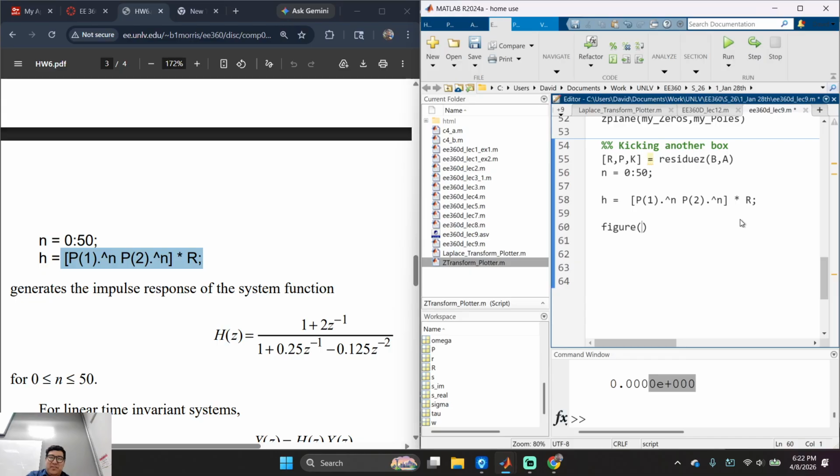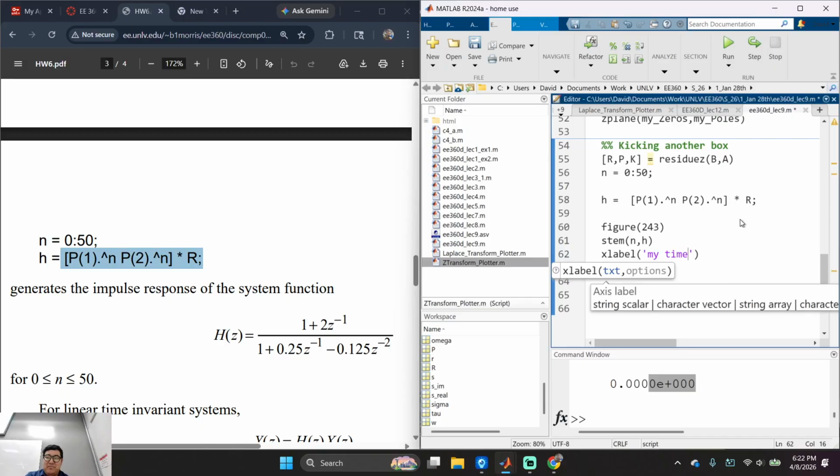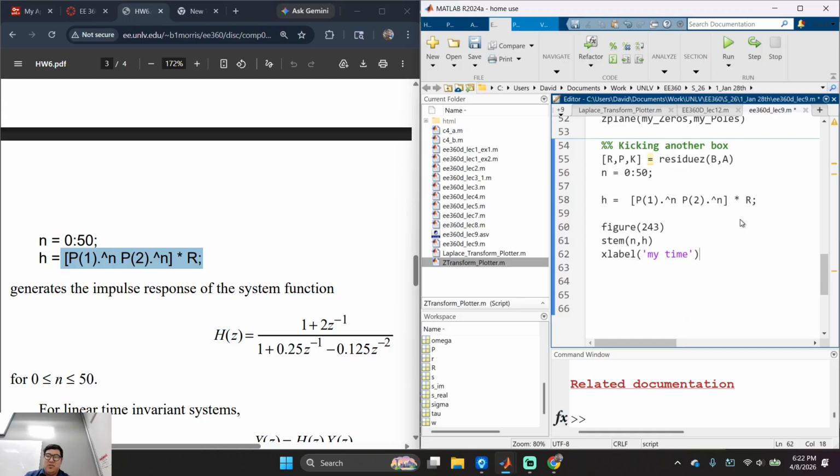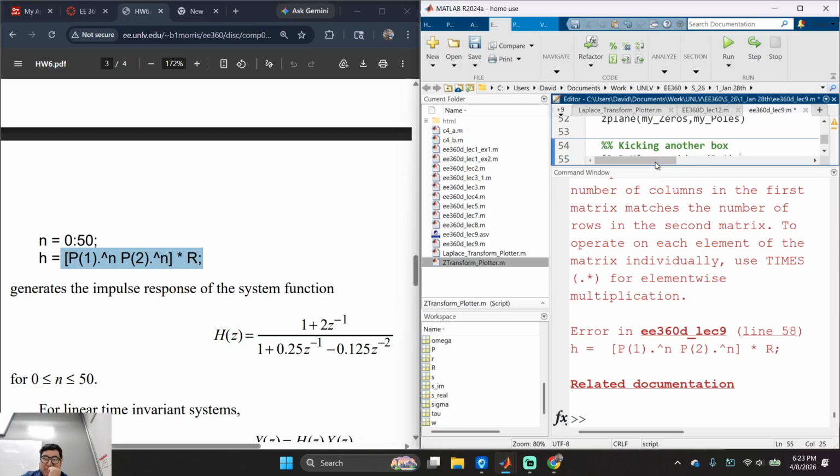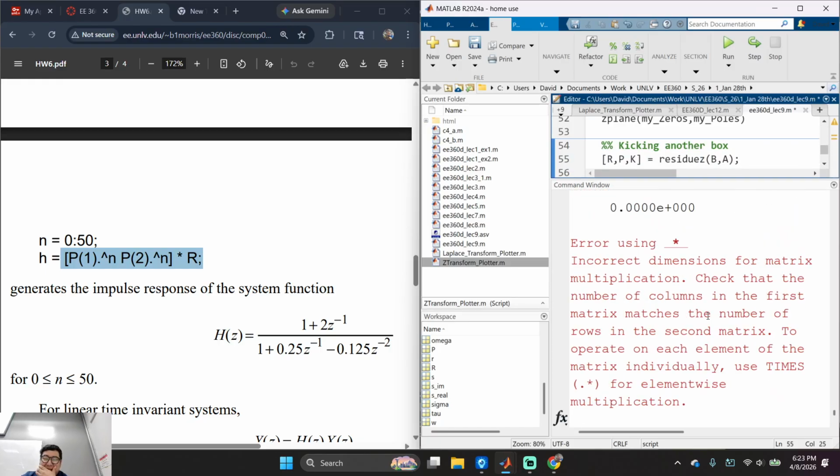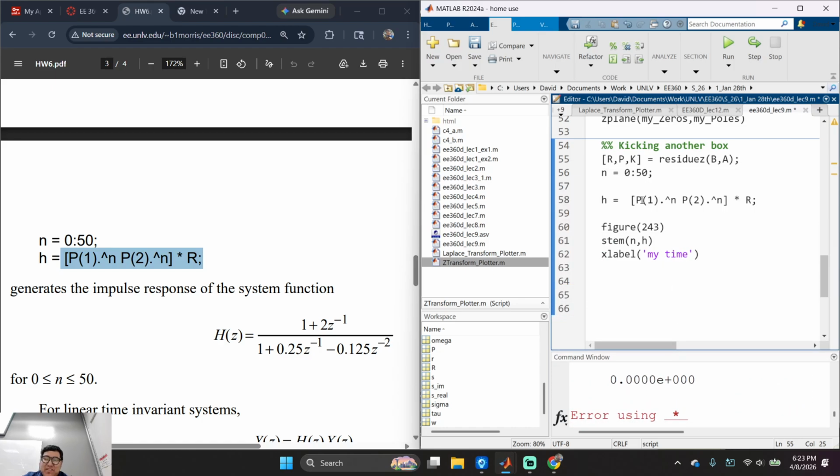Okay, and then figure, stem, okay? n, h, okay? And xlabel my time. Oh, what happened? Who barked at me? Right there. Error. Incorrect dimensions. Well, this is a 1 by 2, right? And this right here, okay, let me see.